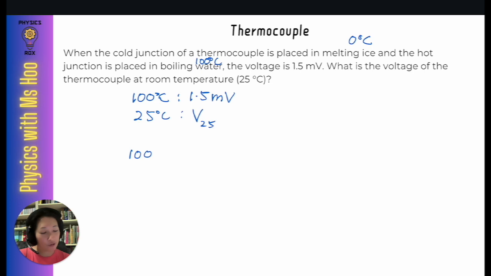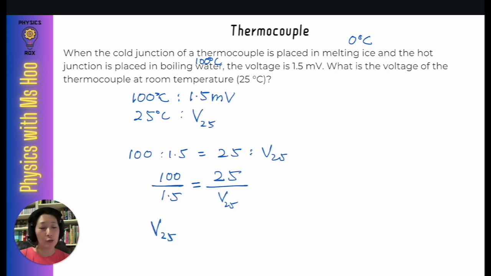100 ratio to 1.5 is equal to 25 ratio to V25. Because if the change in voltage is a uniform value, the ratios of the known to unknown will also be equal. That's why we can just use the ratio method straight away. So writing the ratio in fraction form, 100 divided by 1.5 is equal to 25 divided by the unknown voltage, V25.